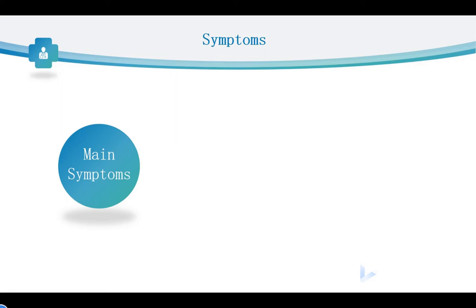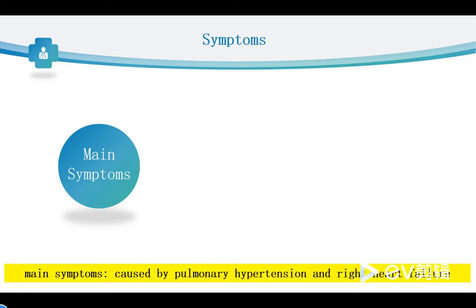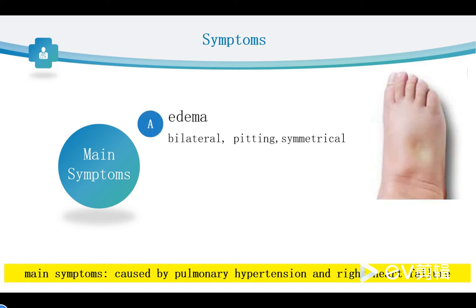The first group is the main symptoms caused by cor pulmonale directly. It's also about pulmonary hypertension and right heart failure, including edema.